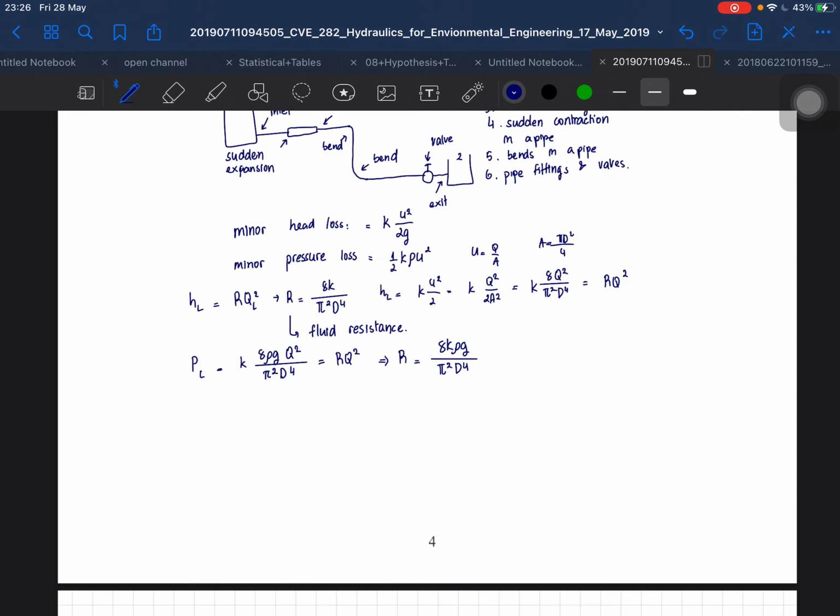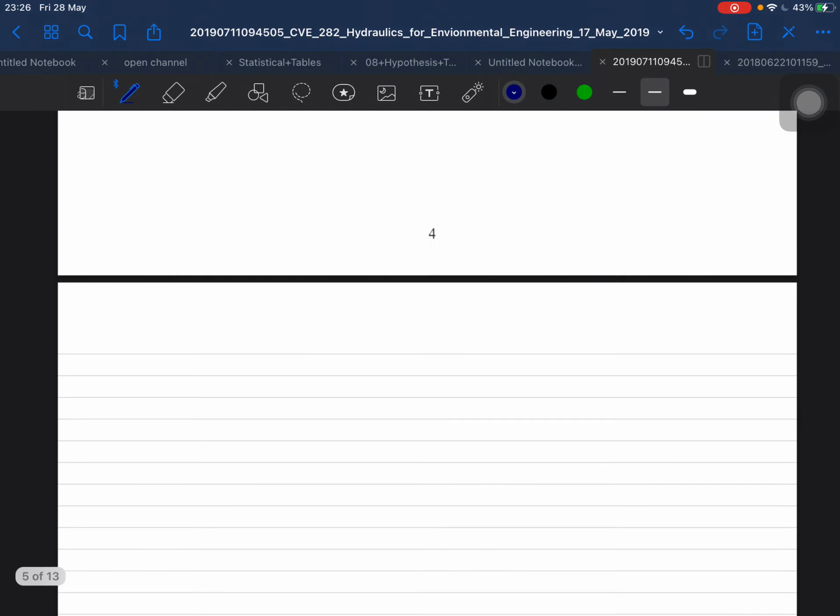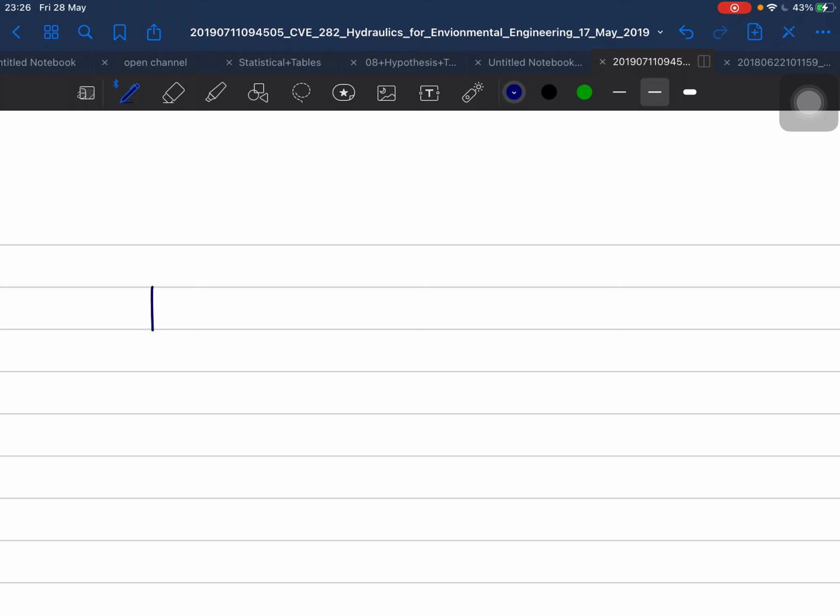So in this exercise, it says that there's a tank here. Why is my tank so slim? Okay, there's a tank here. And then there's what they call a bore, B-O-R-E.